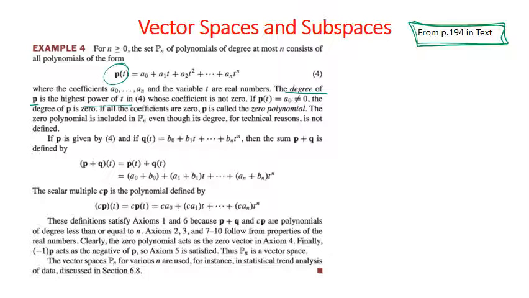Additionally, if you have just p of t equals some number like 4, then that is a degree of 0. It's not an exponent necessarily, it's the degree. It goes on to say if all the coefficients are 0, then p is called a 0 polynomial.